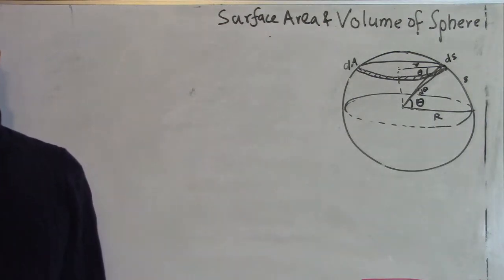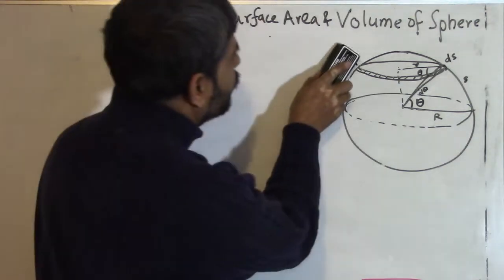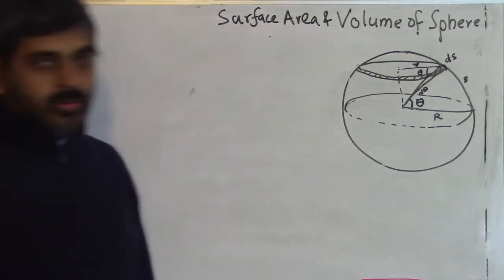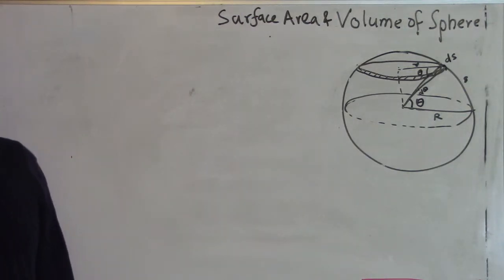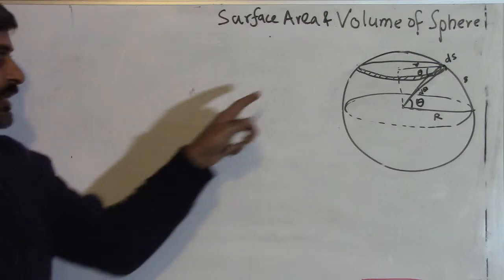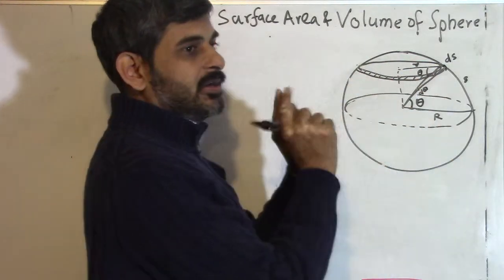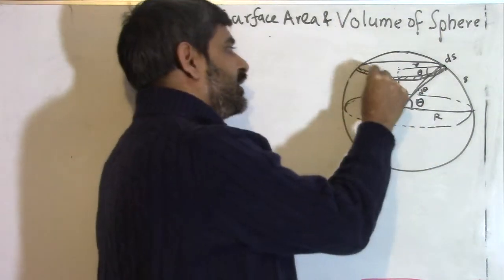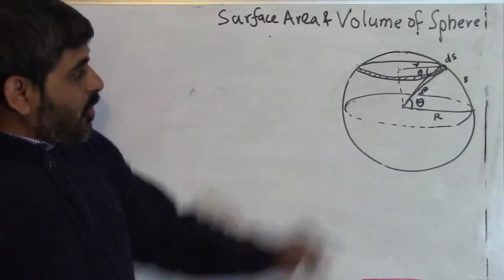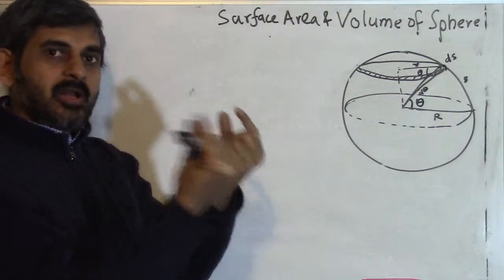We can similarly try to derive the volume of this sphere. We'll get rid of dA. We don't want to find this area, but other than that the picture will be the same. Once again we will consider the same strip, but instead of the outer surface area, we are trying to find the volume of this thin cylinder.